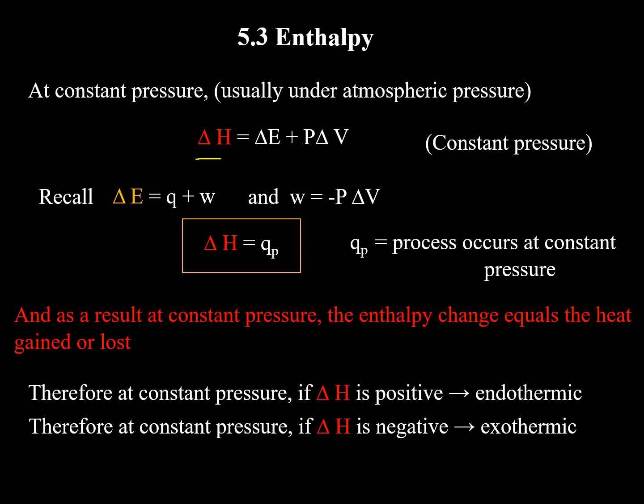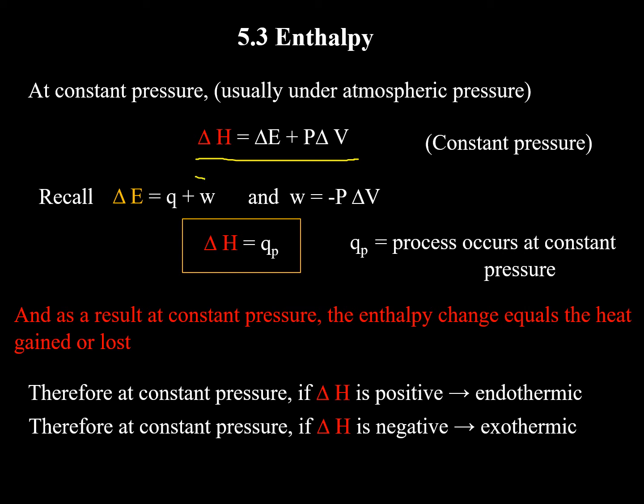We just defined that delta H, the enthalpy change, is equal to the internal energy change plus the pressure times the change in volume. If E is a state function and volume is a state function, delta H, the change in enthalpy, is also a state function.